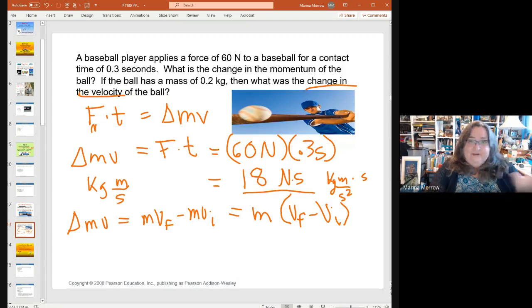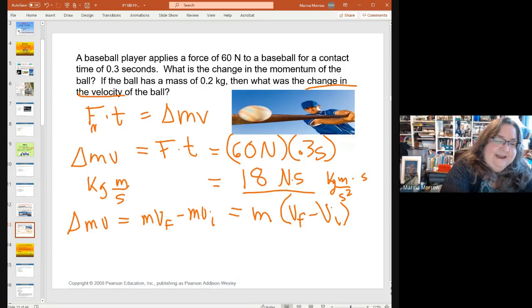Okay, so those two things are the same, right? Impulse equals change in momentum. Okay, so we've got the impulse, which is the change in the momentum. And now we know that that's 18 newton seconds or kilogram meters per second, same thing.